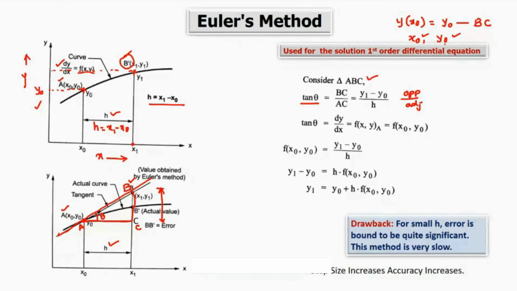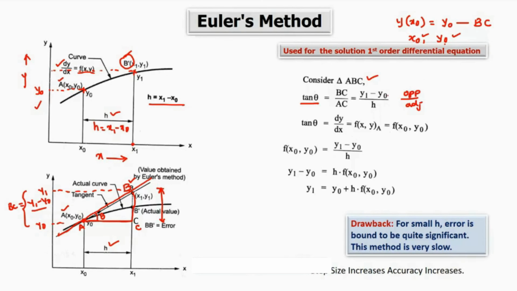So how do you write BC? At this point the value is y1, and at this point it is y0. This distance is BC, so BC is equal to y1 minus y0.